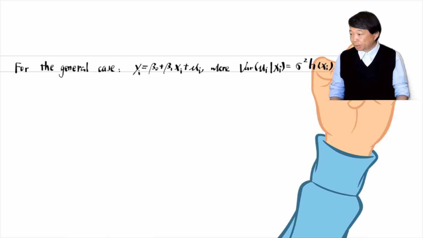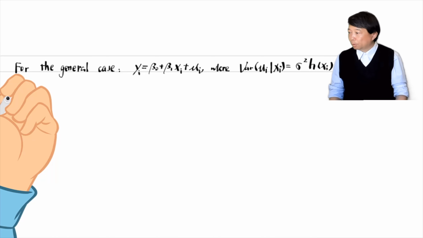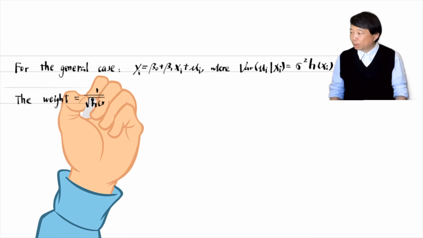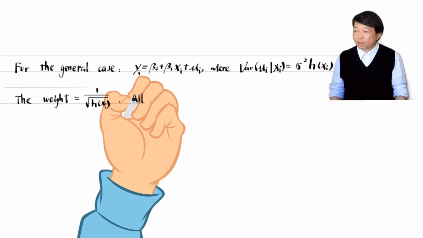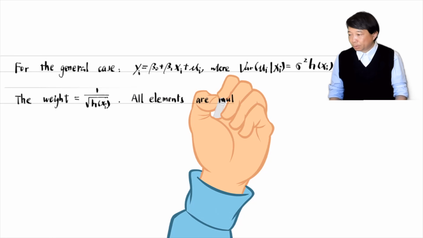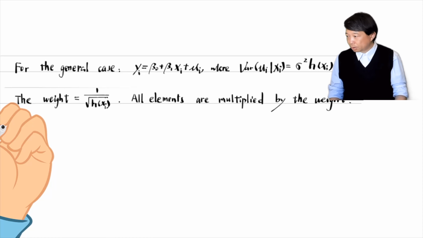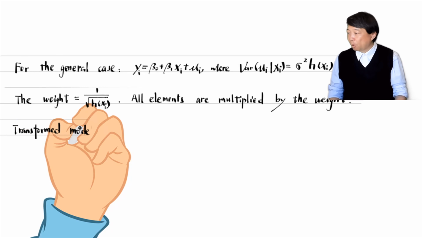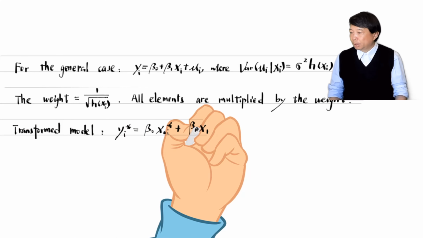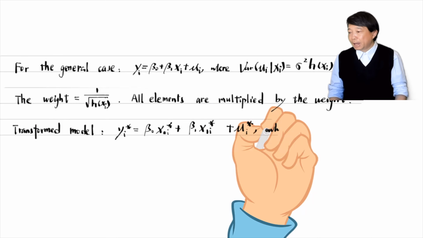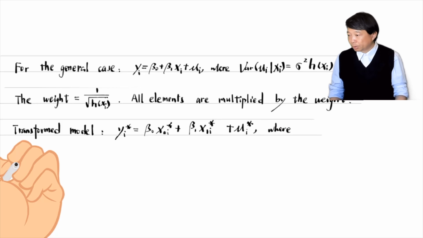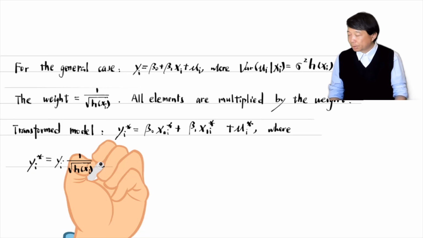For this multiplicative form of heteroskedasticity, the weight we should use is 1 divided by the square root of h(x). When all elements of the original model are multiplied by this weight, we have the transformed model. It can be proved that the error term in the transformed model has a constant variance, sigma square.